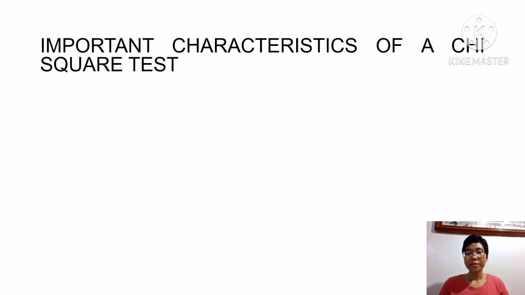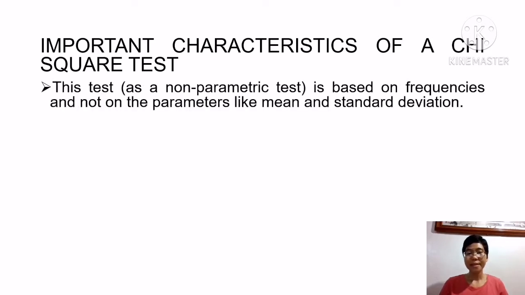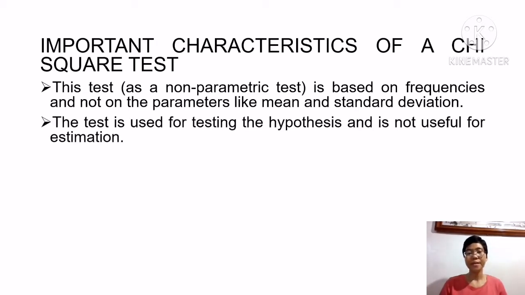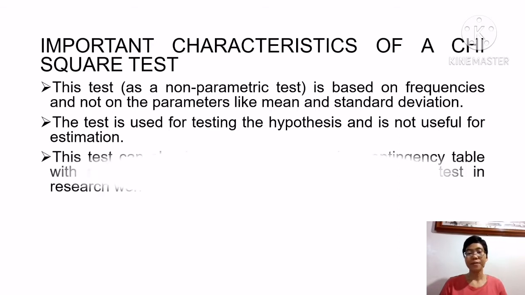Here are the important characteristics of a chi-square test. This test, as a non-parametric test, is based on frequencies and not on parameters like mean and standard deviation. The test is used for testing the hypothesis and is not useful for estimation.